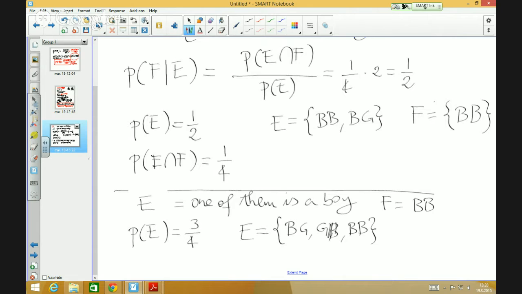Okay, so again, the probability of E intersected F is what? Same as before, it's 1/4. Because the only combination which is both in F and E is boy-boy. So what is the probability that the couple has two boys, given that one of them is a boy?